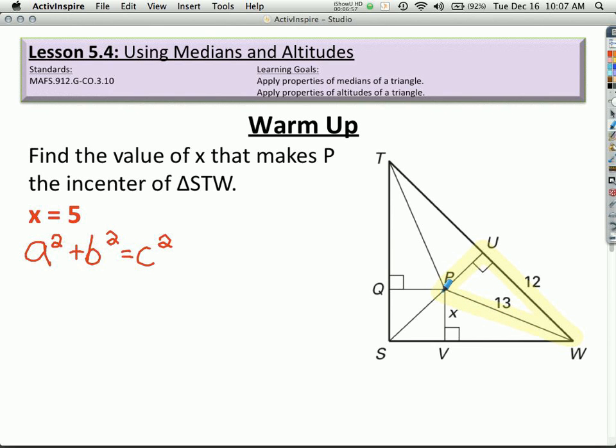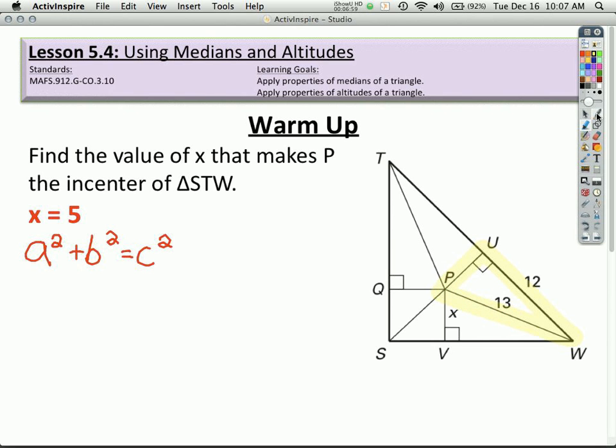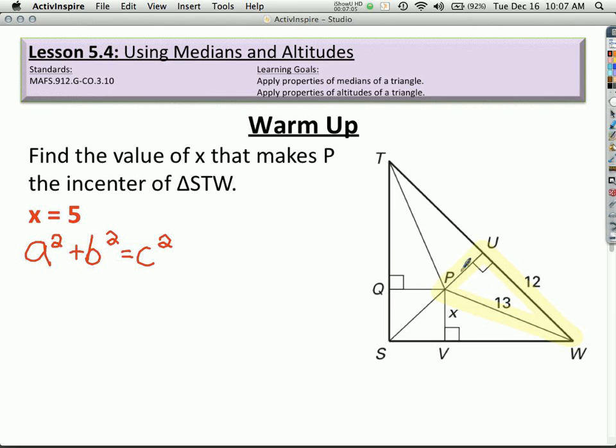Okay? So to use the Pythagorean theorem, we need values for a, b, and c. I see values here and here, but I don't see a value here. How did you take care of that, Kamoy? So why is this x, though?